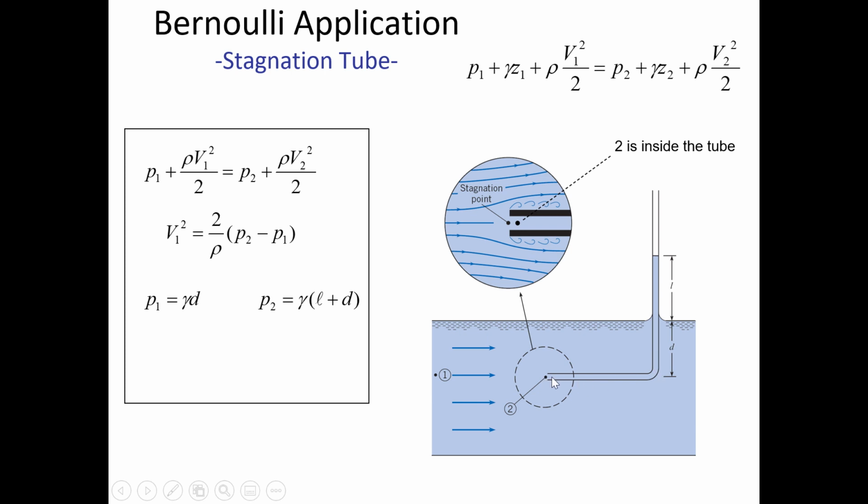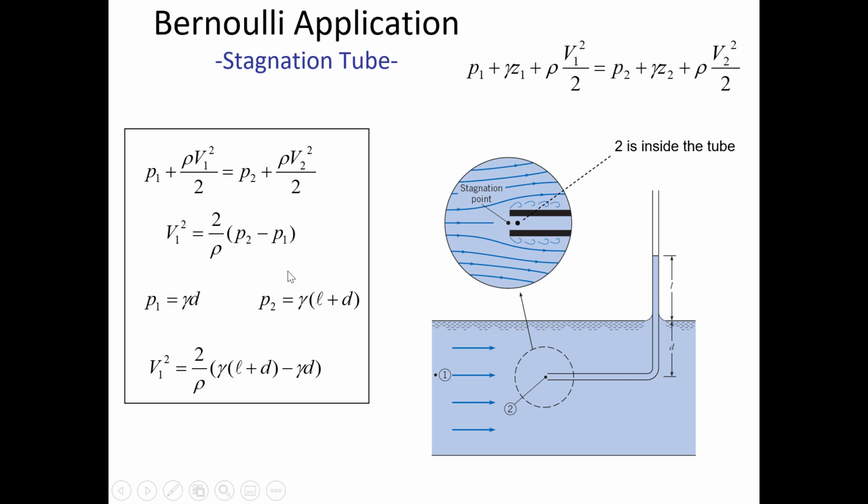And so the pressure at location 2, remember 2 we're saying is inside the tube, the pressure here is the depth multiplied by the unit weight. And so the depth under the water surface is L plus D, because the pressure is 0 at this interface, and then we're going down and the pressure is accumulating. And then when we go sideways, nothing happens to the pressure when you're moving sideways through a static fluid.